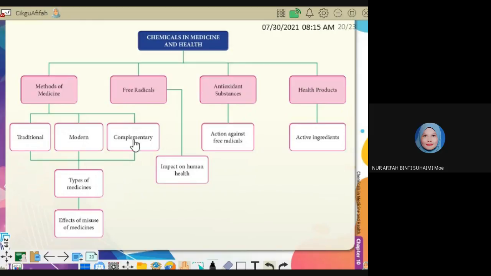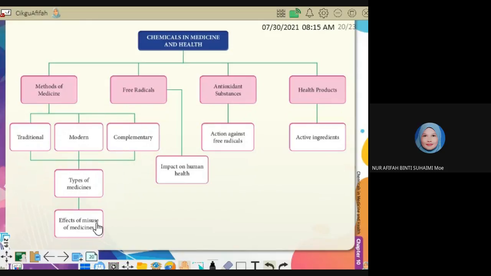That one for complementary. Homeopathy and herbal therapy also. Homeopathy uses chemical substances lah. And then herbal uses parts of the plant, the root, the leaf of the plant. So that's for complementary.